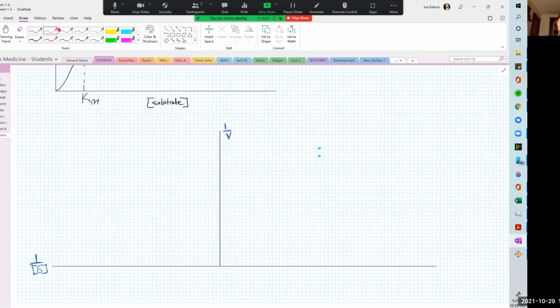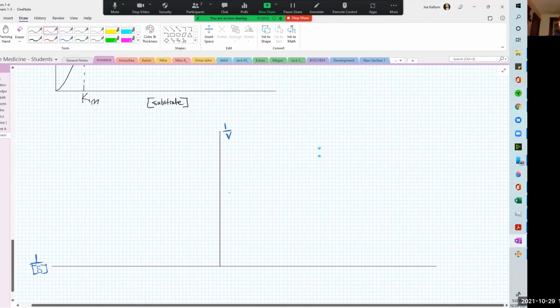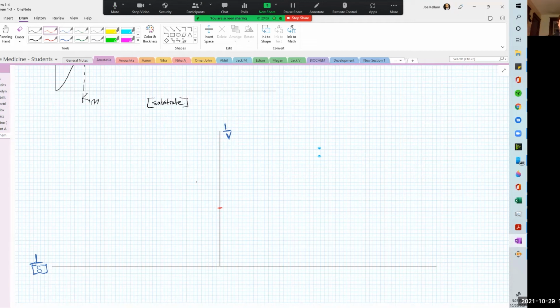So the idea that, for instance, the y-intercept has to be 1 over Vmax. That's necessarily true here, and tell me if this is what you were saying, because we only get a y value of Vmax whenever we have an x value of infinity.